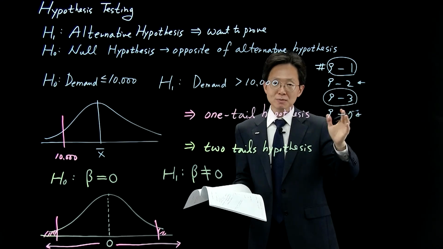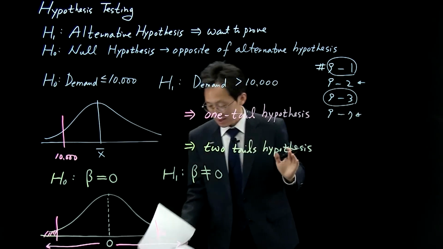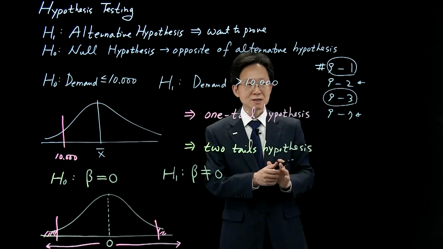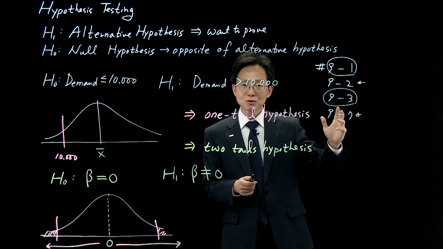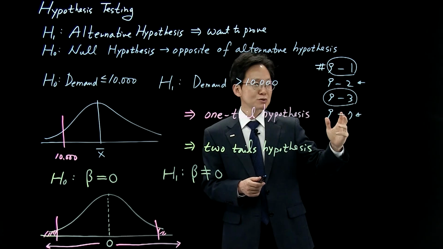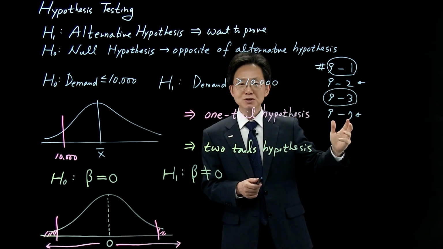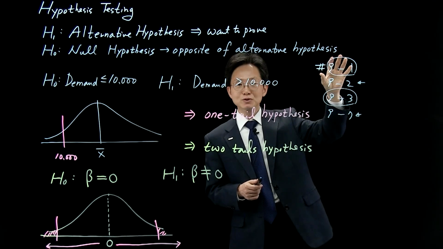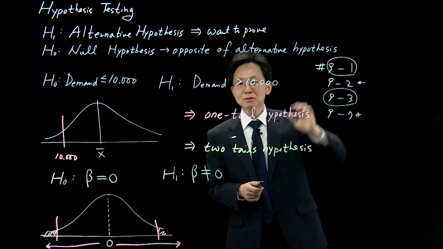I will give you maybe 5 minutes or 10 minutes, and then we can see whether you actually understand how to answer these hypothesis testing issues. Okay, now let's move on to the first problem in chapter 9.